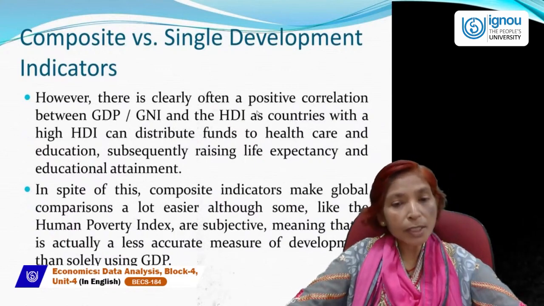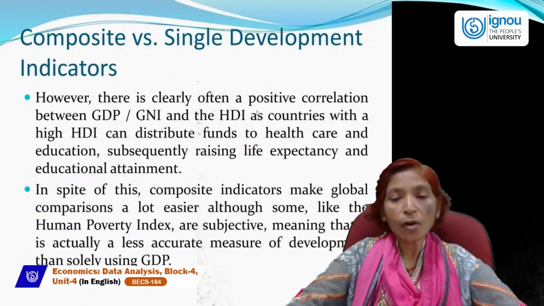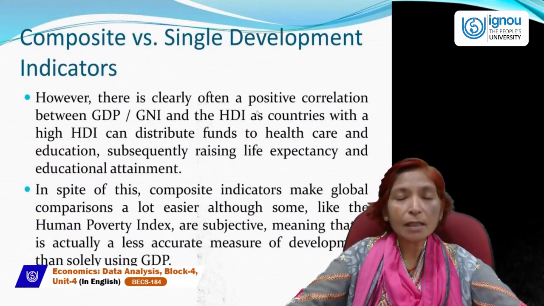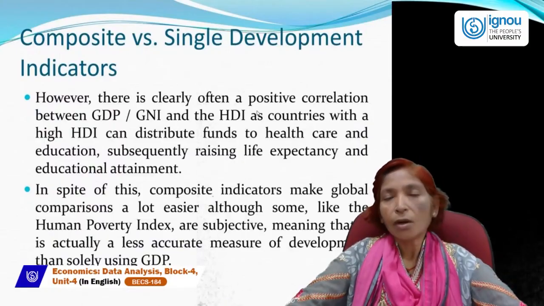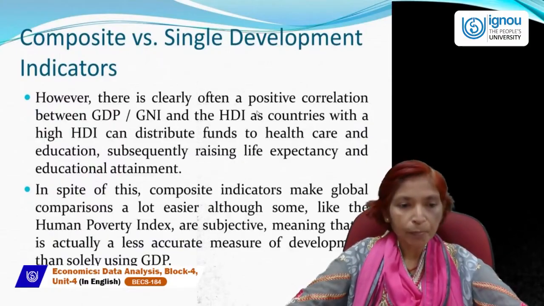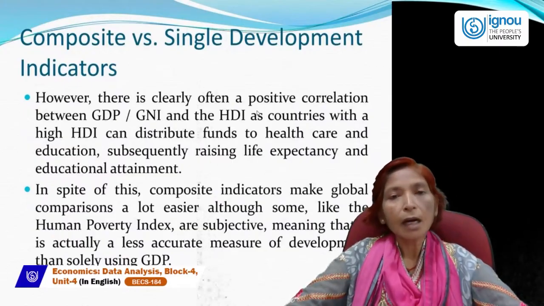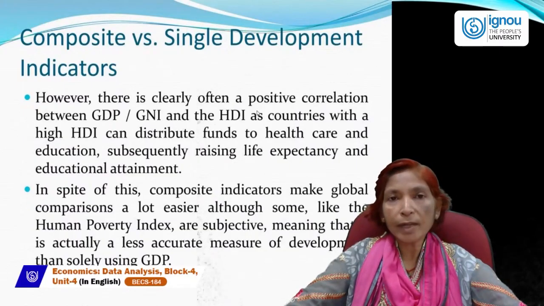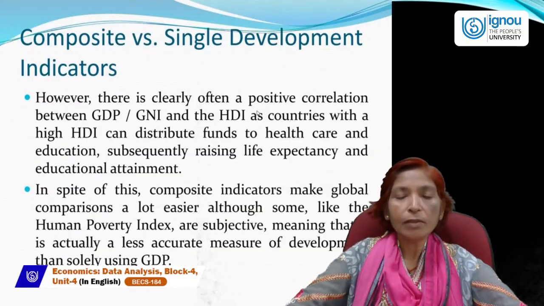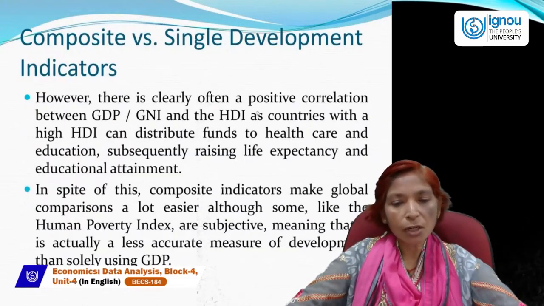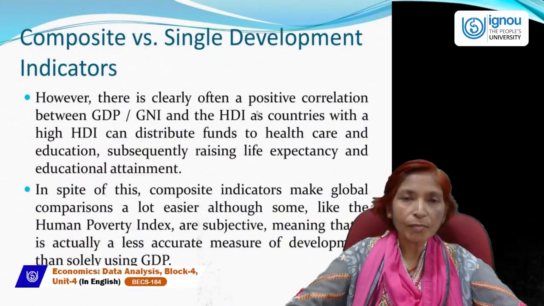But in a composite indicator, we use it for making comparisons with the global world or the rest of the world. Global comparison is a lot easier, although some, like the human poverty index, are subjective, meaning that it is actually a less accurate measure of development than solely using GDP.